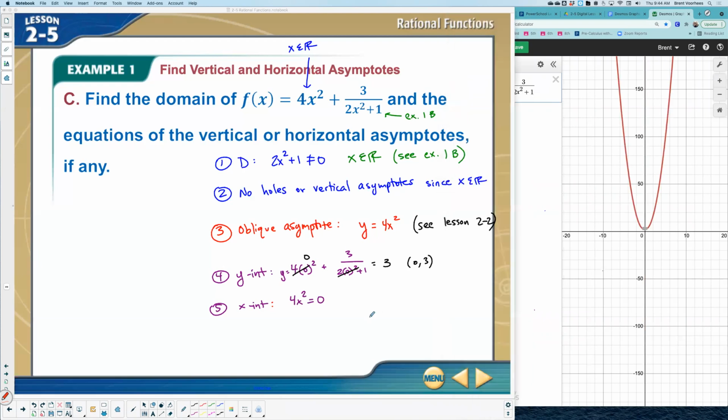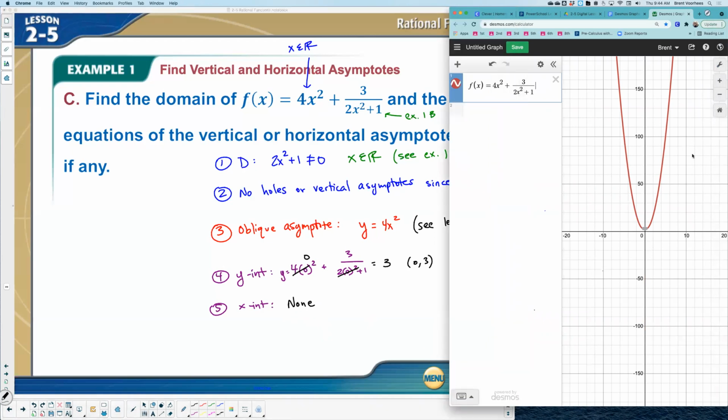This actually has no x-intercept. Okay, so that is not true what I was trying to say. When you solve the numerator, you would have to get a common denominator there. So I'm just going to say none for the sake of time here. You'd have to get a common denominator. That's what you'd have to do here. None.